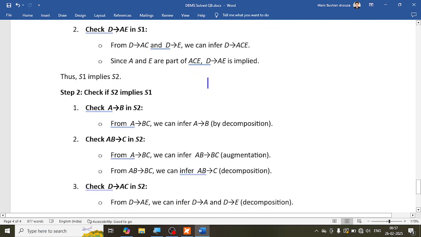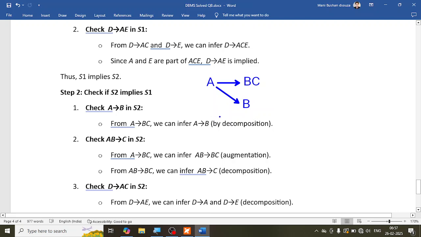So I'm going to write that thing over here. Okay, A derives BC. So I can say that A derives B. How? Because of decomposition.